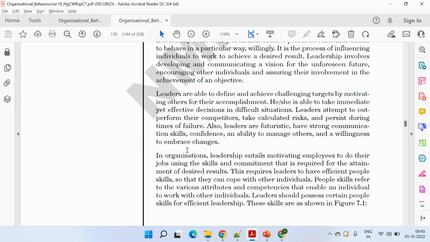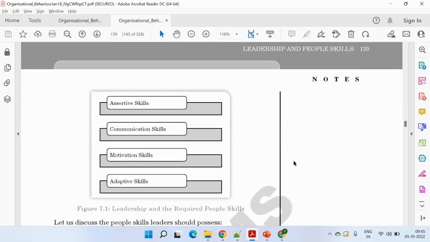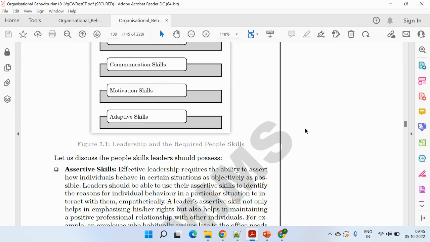It's about how you motivate your employees and colleagues, based on certain skill sets and certain commitments. All these things you can refer to in terms of leadership. Definitely you can write these skills of leadership as well: assertive skills, communication skills, motivation skills, and adaptive skills. If you think you are lacking words, then definitely you can mention these four and write one or two liners for these skills.